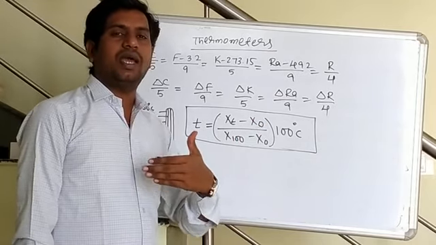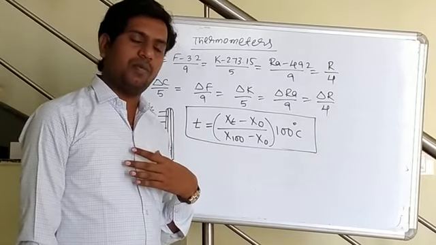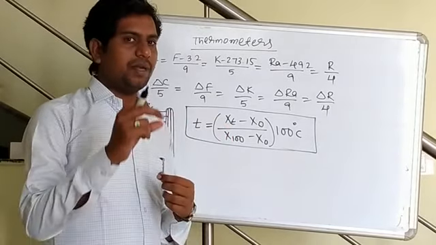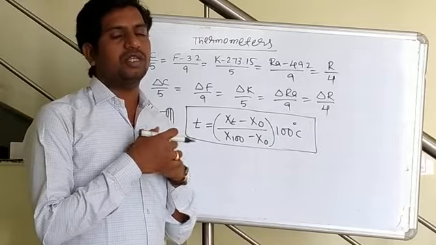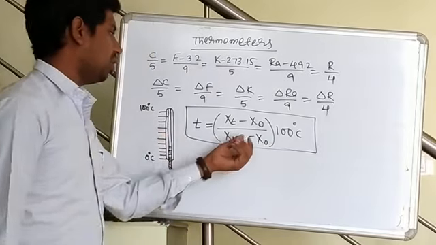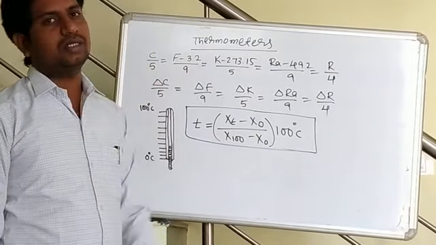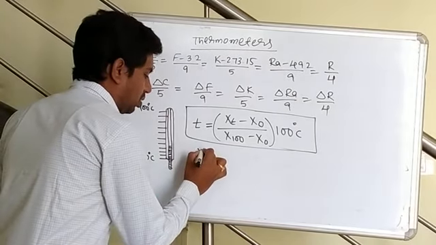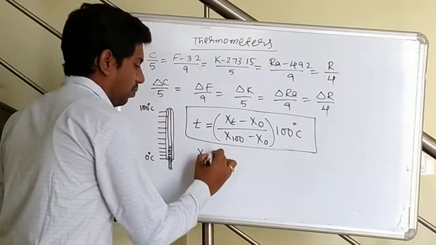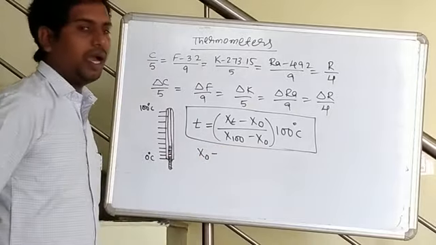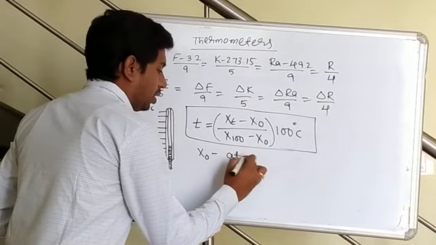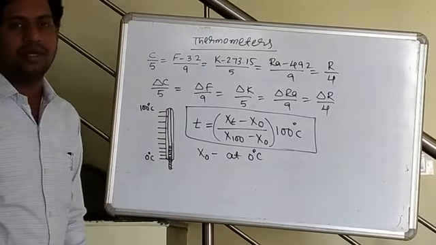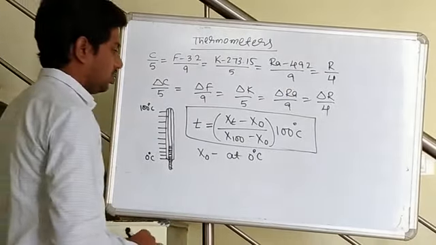We have the electrical resistance thermometer also. Here there will be a change in resistance with respect to temperature, so we can take the resistance of an electrical conductor. So x0 is the parameter at 0 degree Celsius, you can say the length of mercury column at 0 degree Celsius.